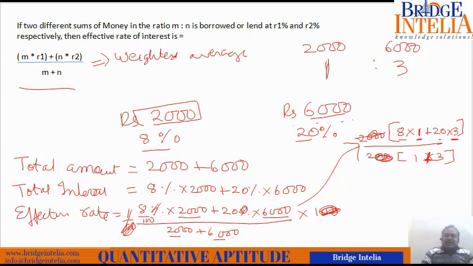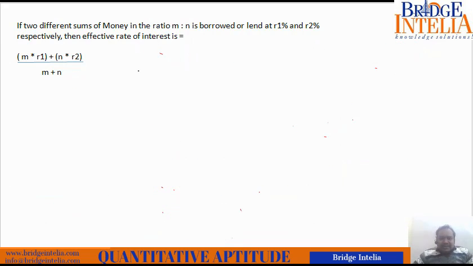So let's take another example. So next time if you see such a question that 5000 and 8000, so this money is lent at, let's say, 12%, and this is lent at 25%.